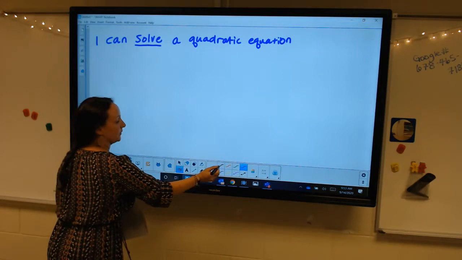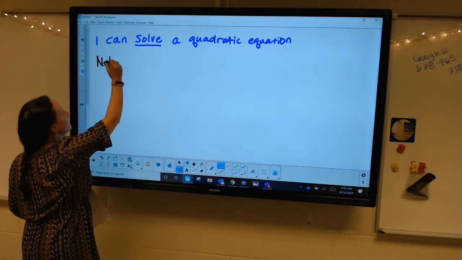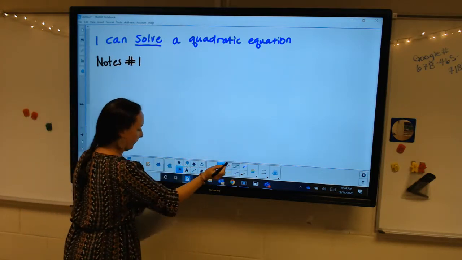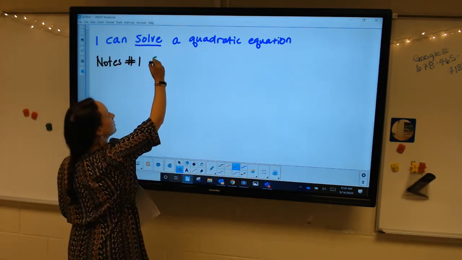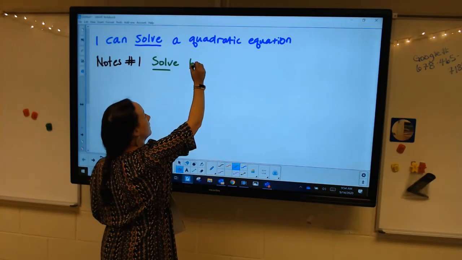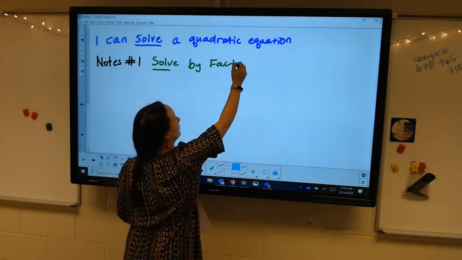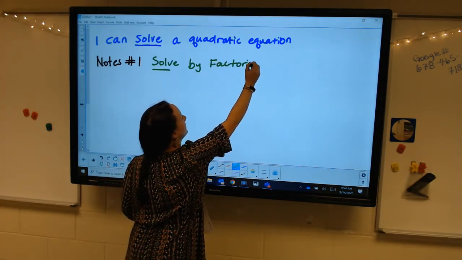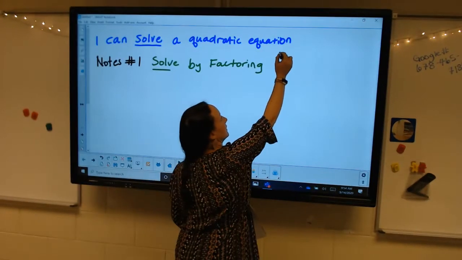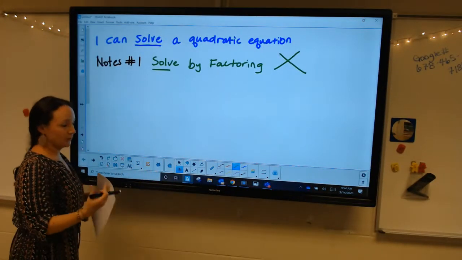So this will be notes number 1. And today's lesson is solve by factoring. And I'll put the X as a symbol just to remind you of what we do when we factor.